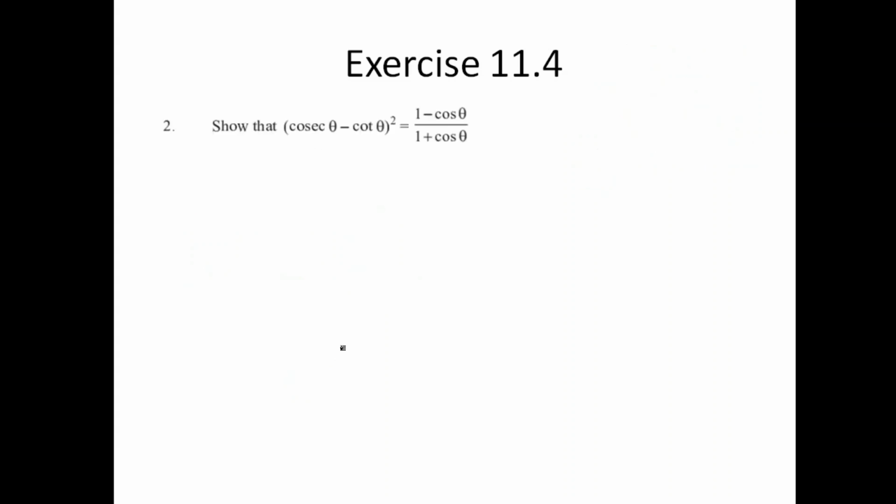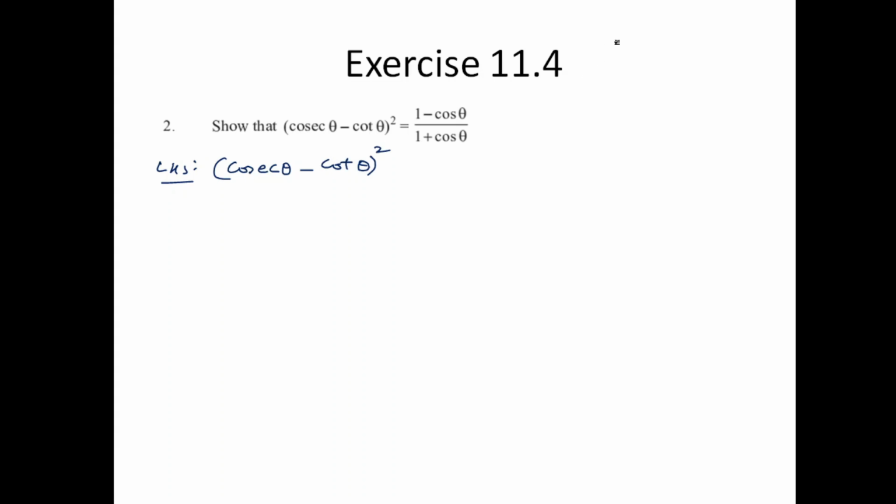Okay. So let's look at the second sum. You need to show that whatever is on the left hand side is equal to your RHS, that is, the right hand side. So let's see. I'm taking here only the LHS part. If you look at the LHS part here, what I'm getting is cosec theta minus cot theta, the whole square.